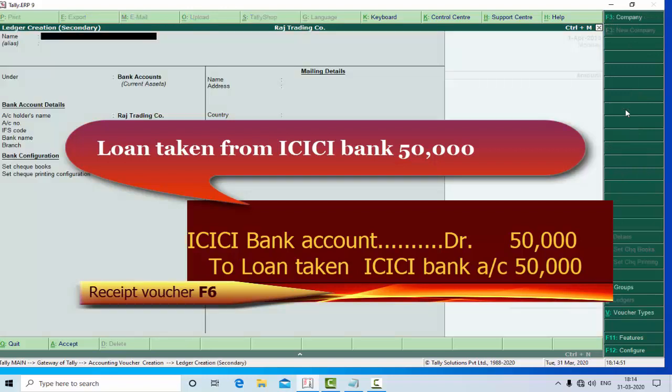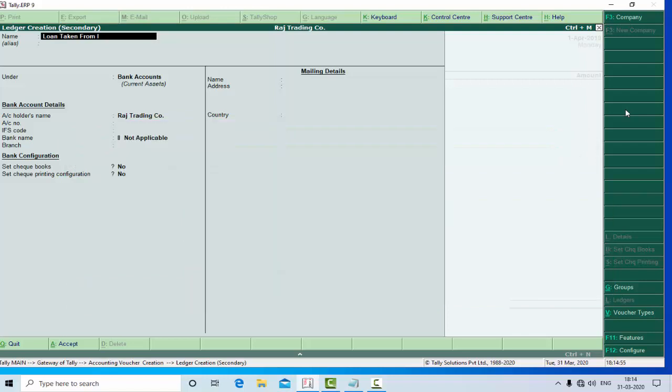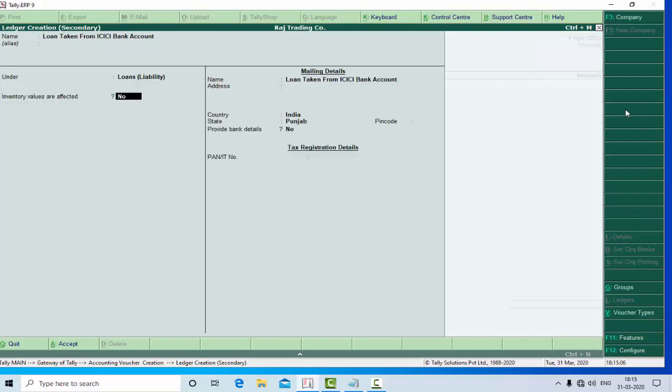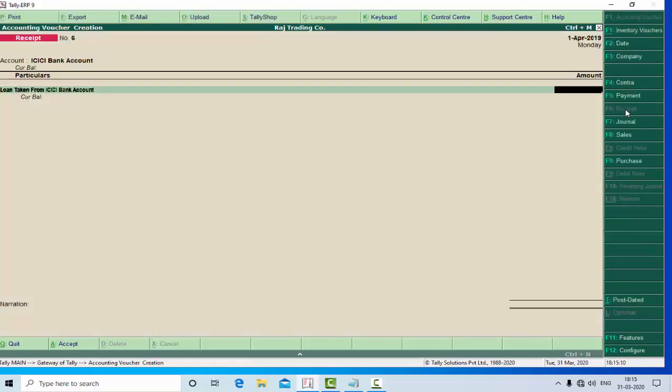So create the loan account, loan taken from ICICI Bank account. Under the liability, loan liability group, you can see that this is our liability, and enter the amount here. The loan amount is 50,000.